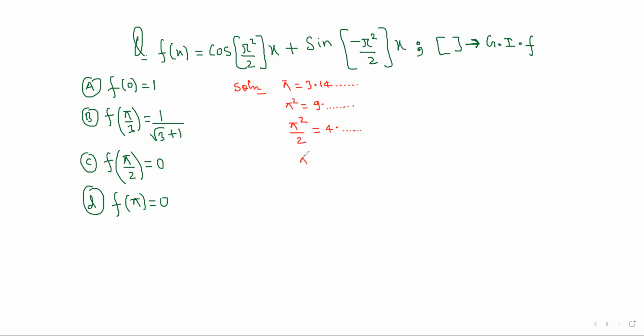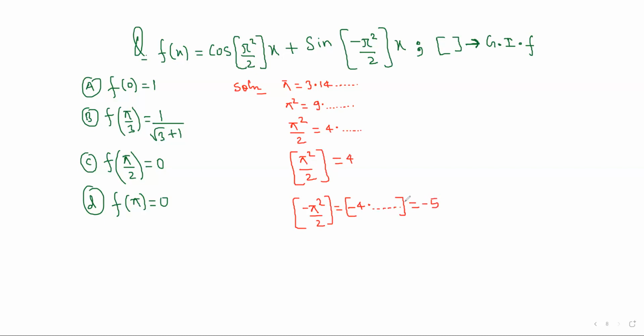What is the GF of pi square by 2? This is simply 4. What is the GF of minus pi square by 2? This is minus 4 point something, that is equal to minus 5.